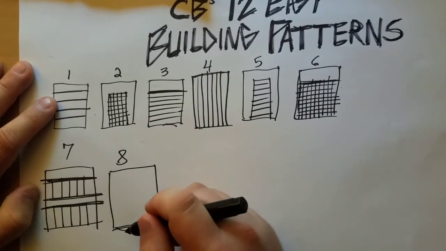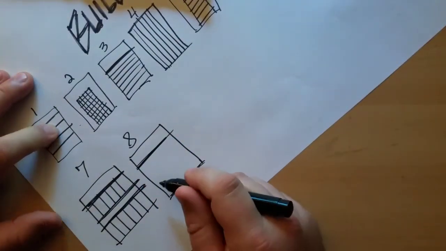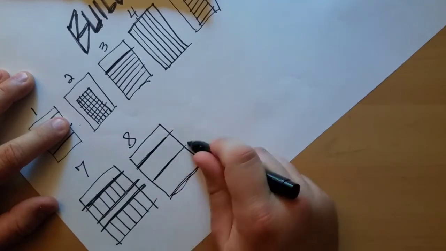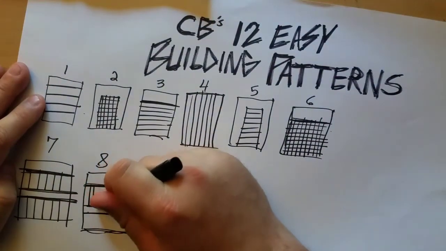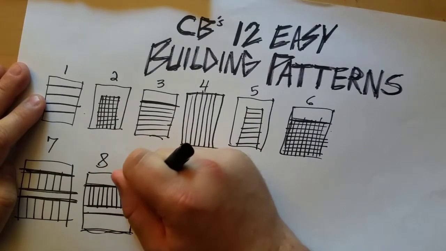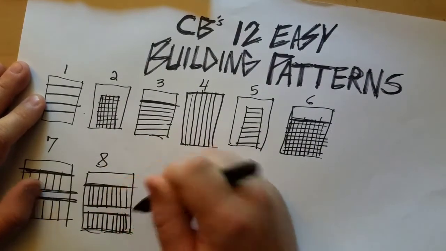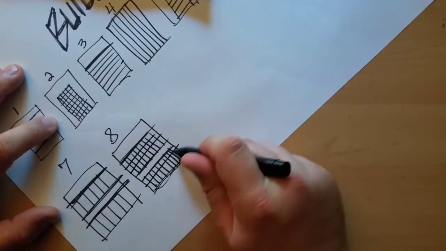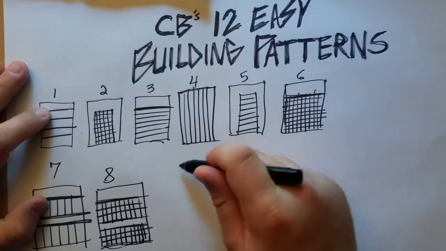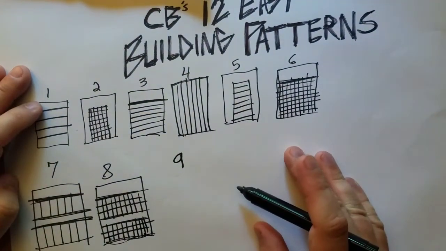Okay, we got another building with a header on top. And for this one, we're going to put smaller windows in. Number 9, we're going to do, let's see here.